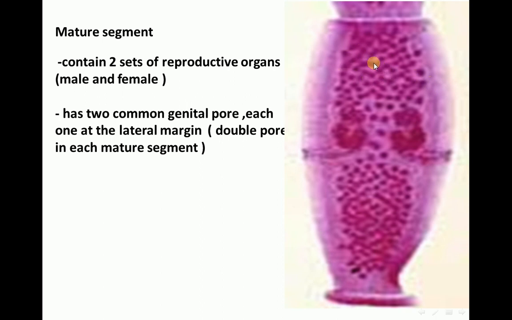These small dots are testes, while these structures are ovary. Common genital pore. Has two common genital pores, each one at the lateral margin of the segment.